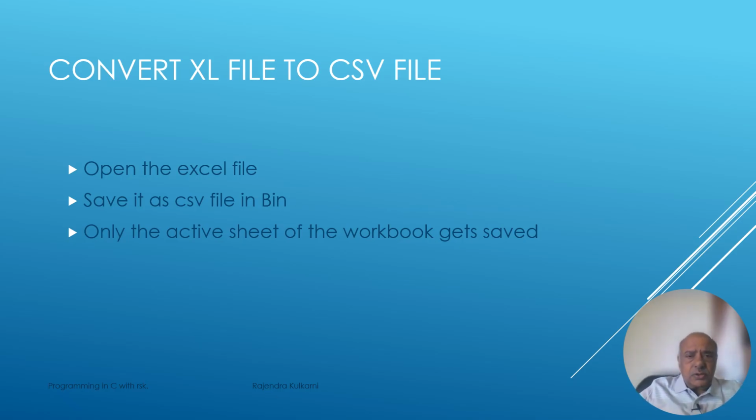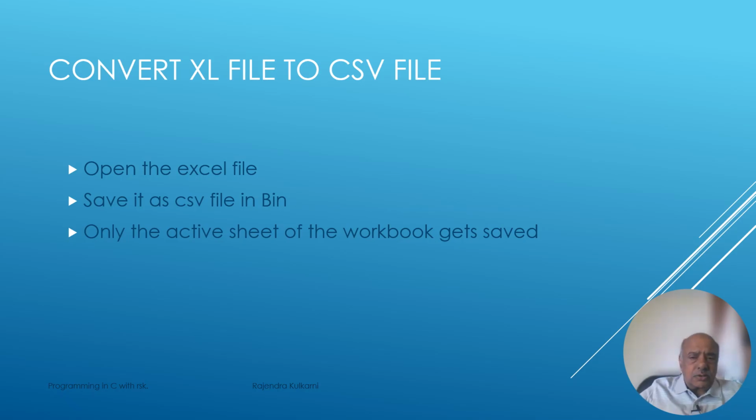The reason for this is a C program cannot access an Excel file or a Word file, MS Excel, MS Word or any other file. It can access only a text file or a binary file created through the C program.